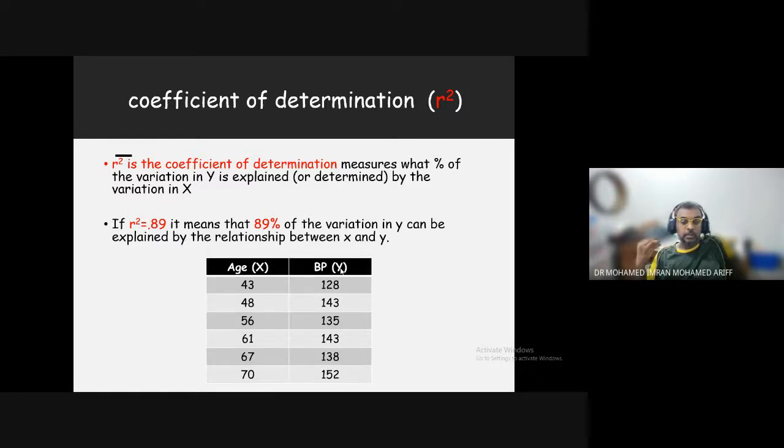Apakah maksud dia? It means that 89% of the variation in Y can be explained by the relationship between X and Y. Maksudnya perubahan sebanyak 89% dalam Y is explained by X. Okay, that is what it means by R square.